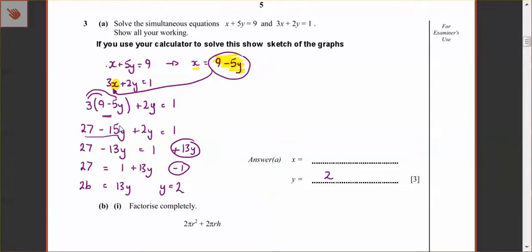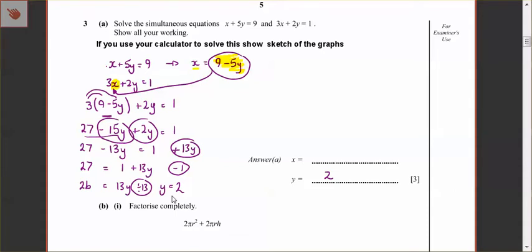I've then collected the like terms: minus 15y plus 2y is minus 13y. Now I'm rearranging, so I've added 13y because I don't want a negative y. I've then subtracted the 1 from both sides, and then divided through by the 13 to make y equals 2.